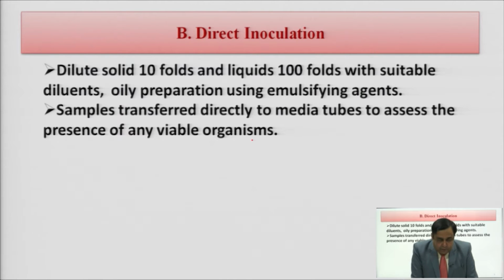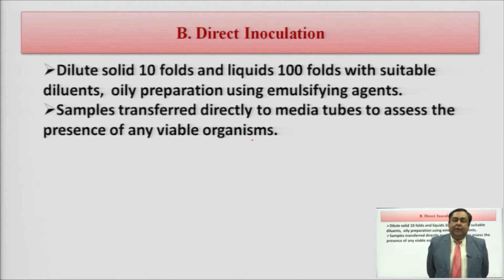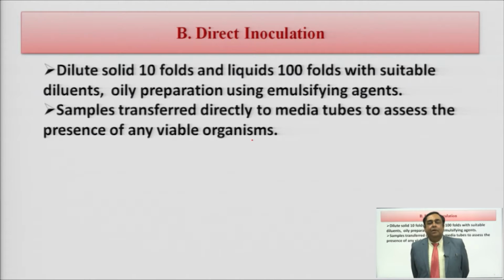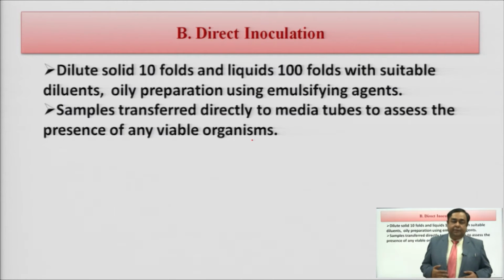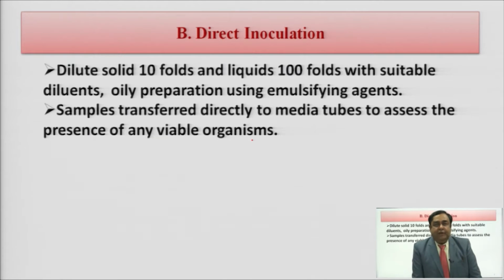Whenever we put it in the aerobic, anaerobic and fungal media as stated, it will create turbidity. The moment turbidity has been created, it means the substance which you are testing has not been properly sterilized.